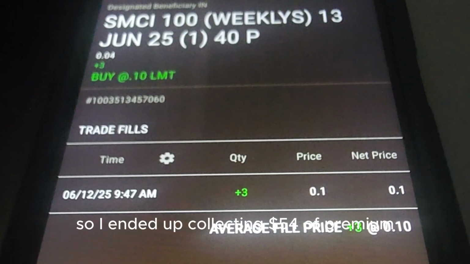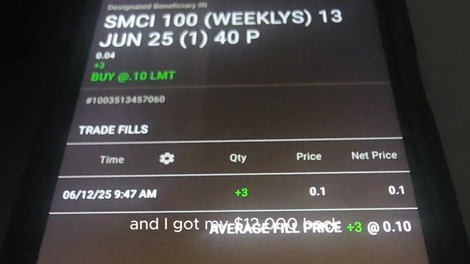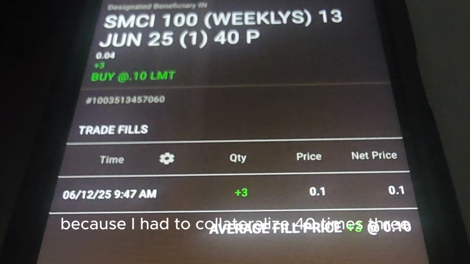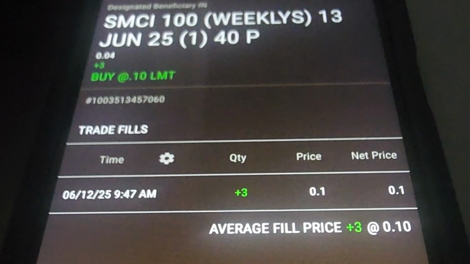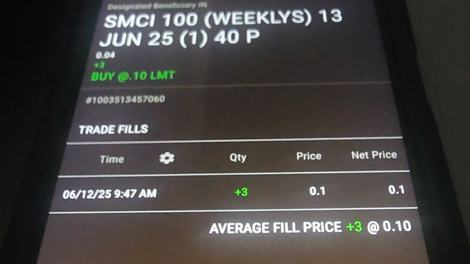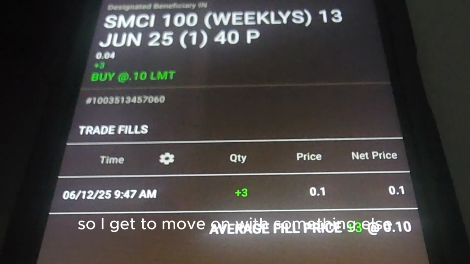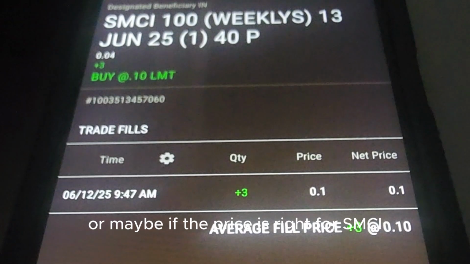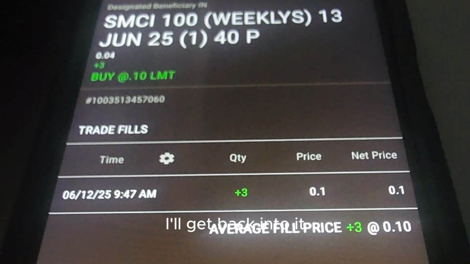So I ended up collecting $54 of premium, and I got my $12,000 back because I had to collateralize 40 times 3. So I get to move on with something else, or maybe if the price is right for SMCI, I'll get back into it.